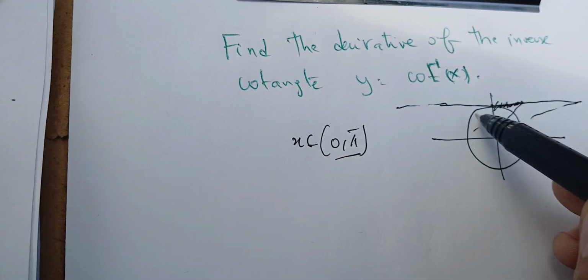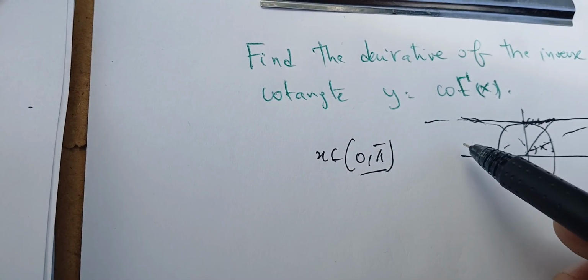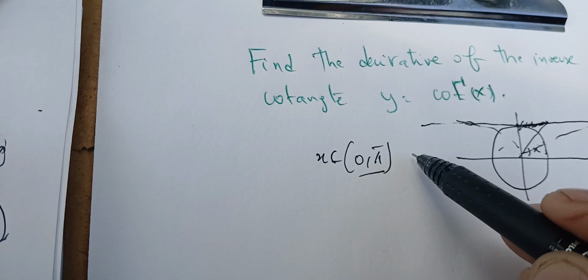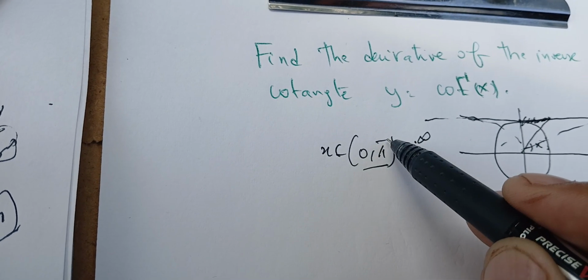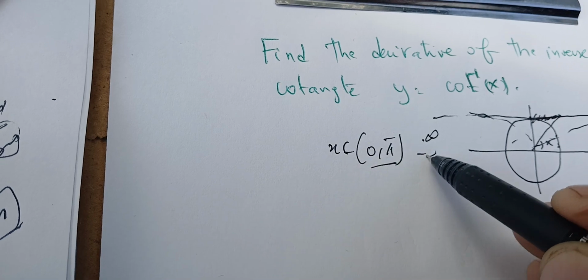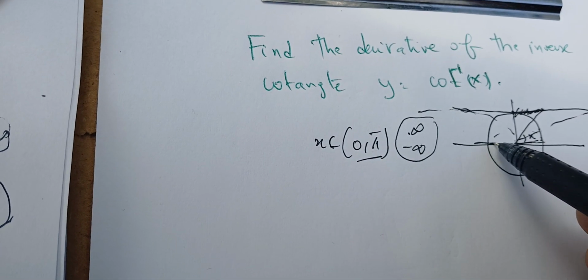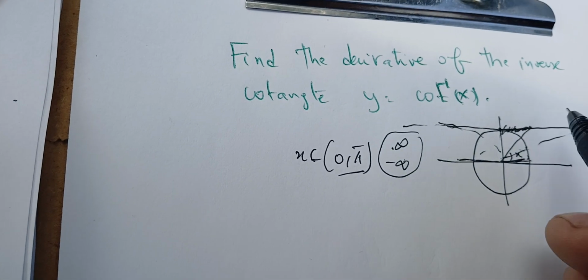Okay, and we cover the whole line. So when we go to 0 from here, we're gonna get infinity. When we go to pi from the left, we're gonna get minus infinity. Okay, these two values are extreme. Okay, we're gonna come back to this one and we're gonna see what we mean, but not in this video.